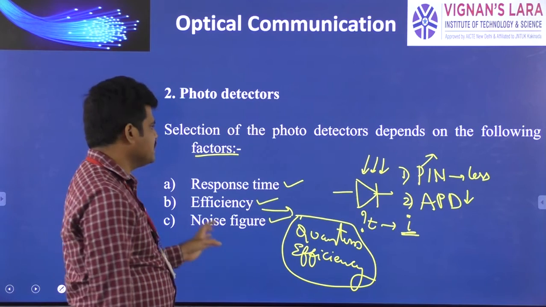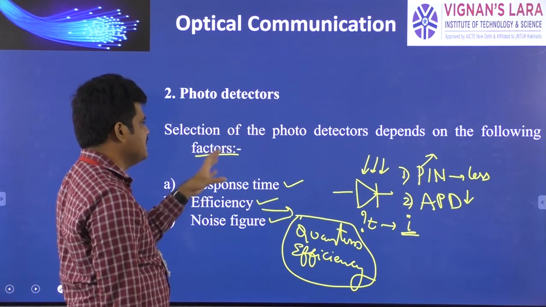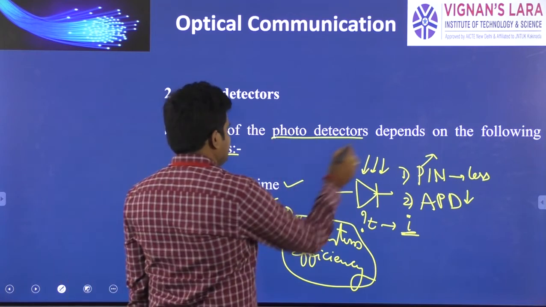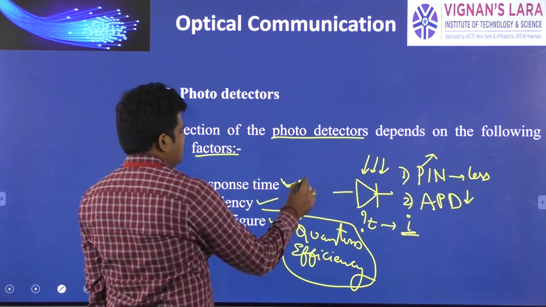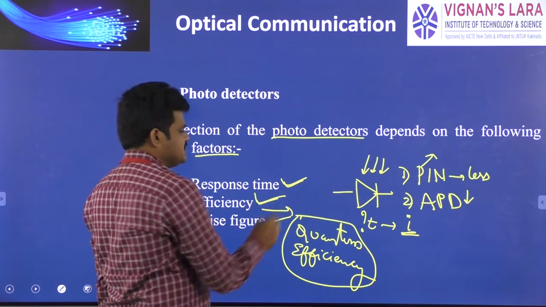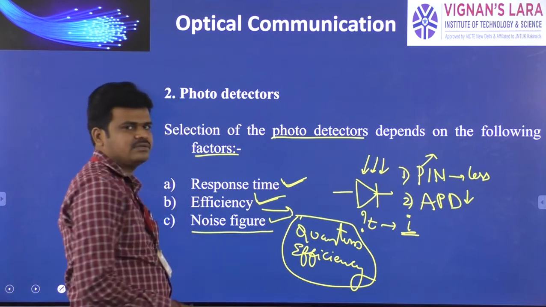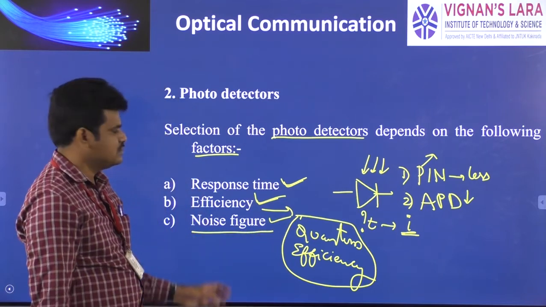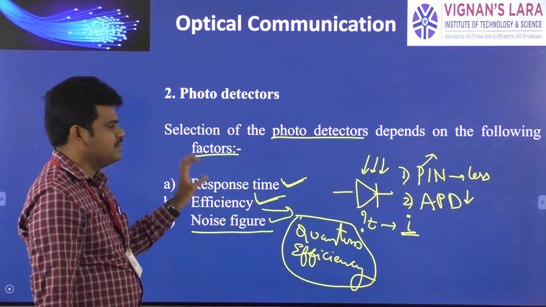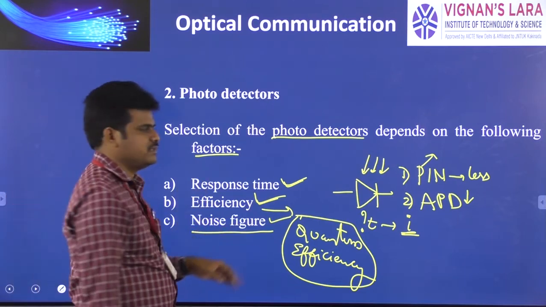So what are the factors we have to consider while selecting the photodetector? We need to consider the response time, the quantum efficiency, and the noise figure. These three factors are very important in selecting a good photodetector.